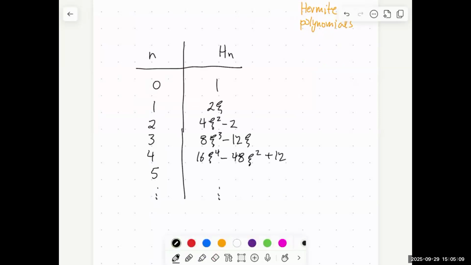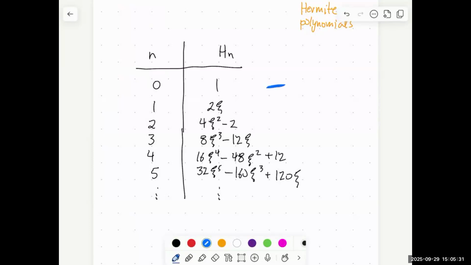So it's 32z to the 5th minus 160z cubed plus 120z. All right, so a couple things I want to notice about this. I've already emphasized it, but let's do it again.